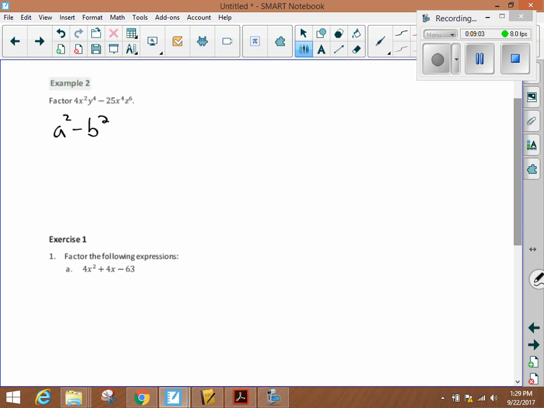So let's look at this. 4x squared times y to the fourth power. Well, what is square root of 4? This is 2. What is square root of x squared? This is x. And what is square root of y to fourth power? It turns out to be y squared.